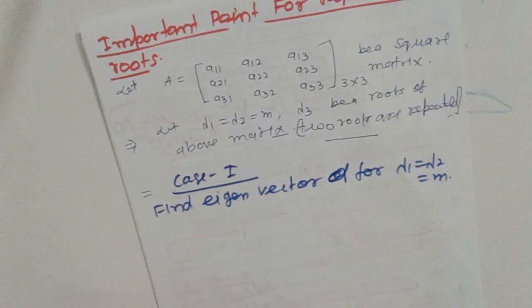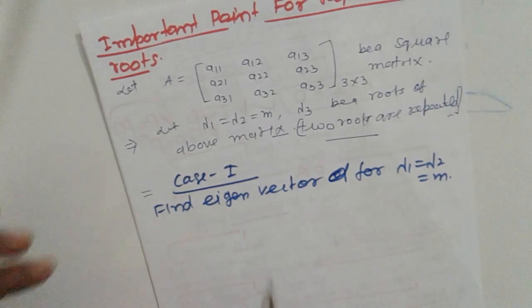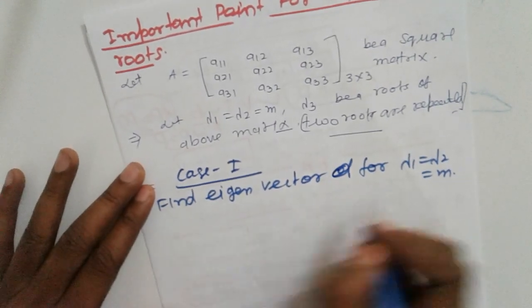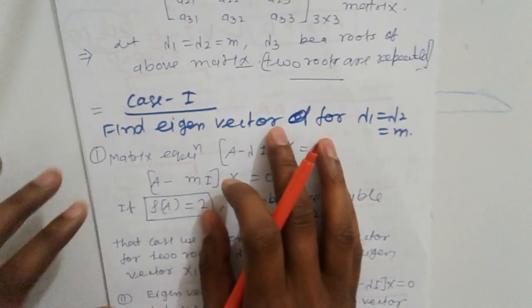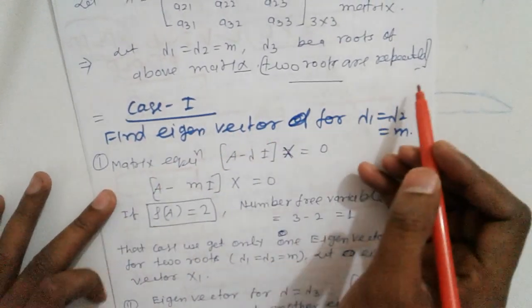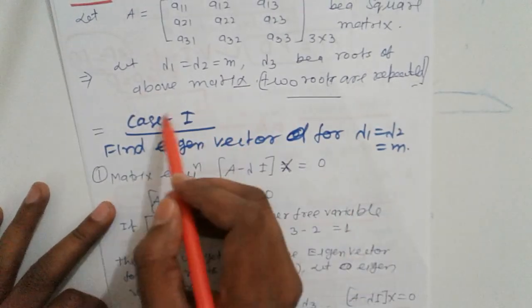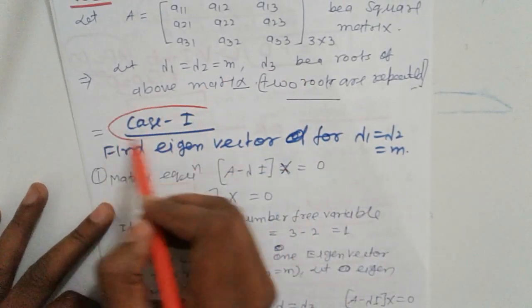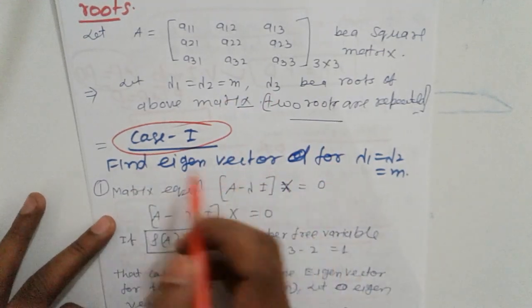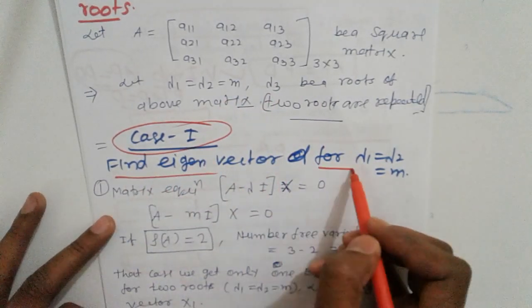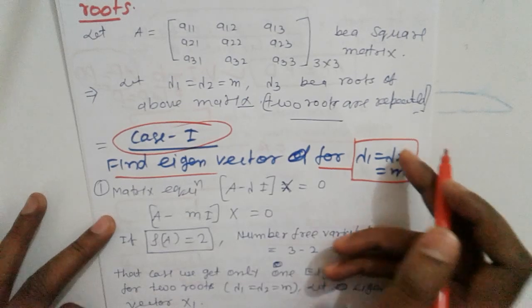So suppose two repeated roots हैं, so that case arise, the first case here. If we find eigenvectors for lambda 1, lambda 2 equal to m.